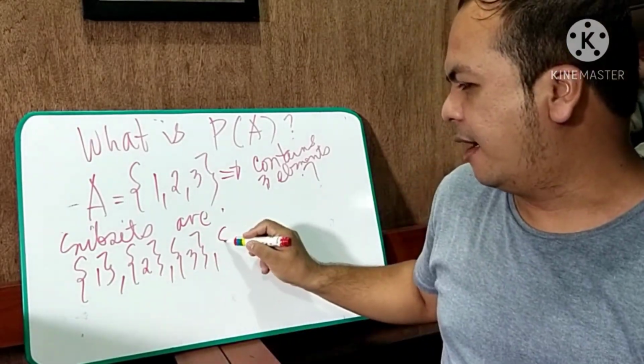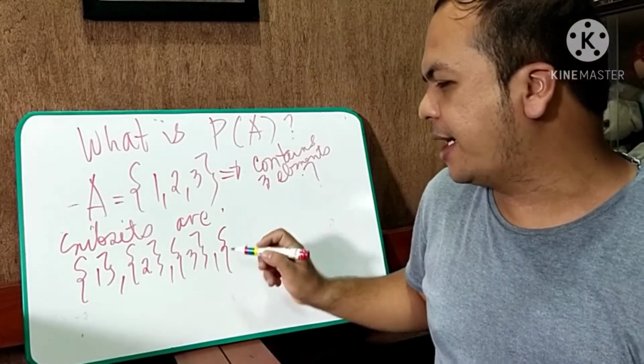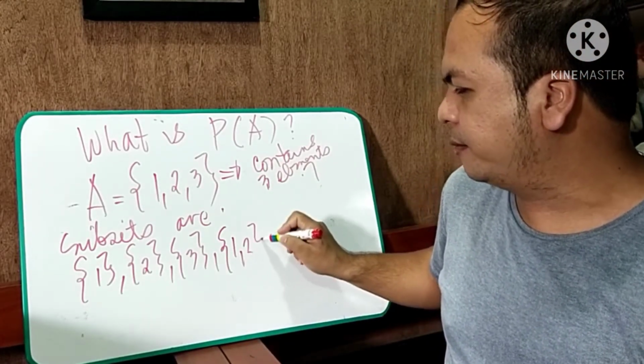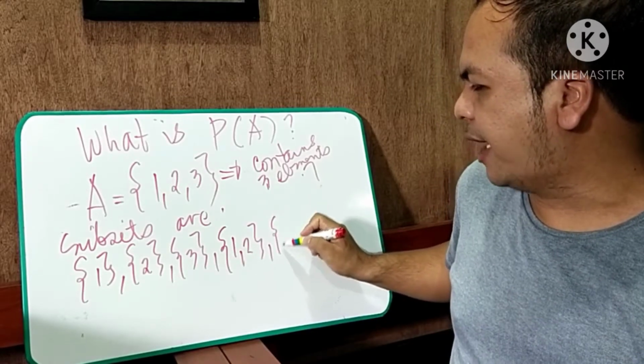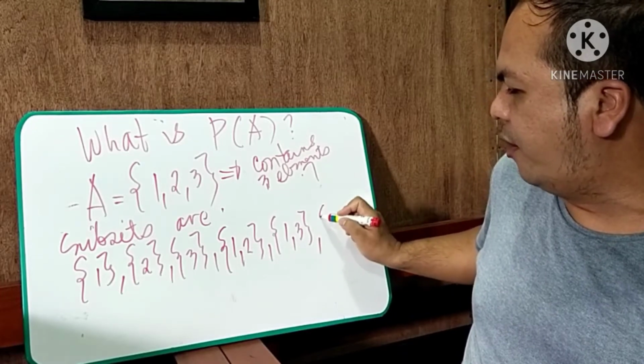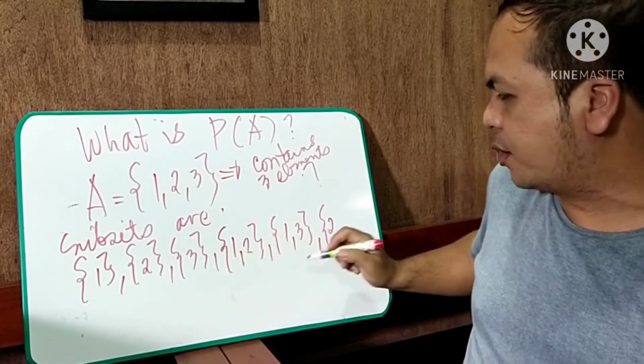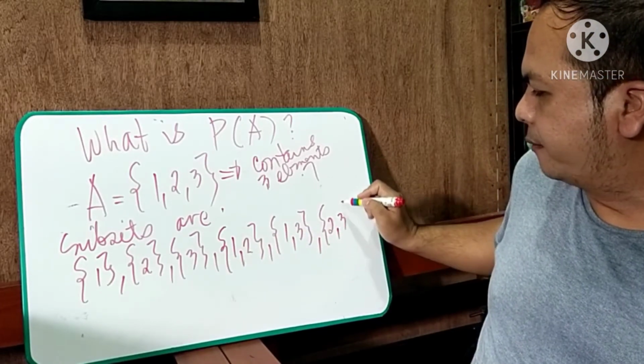So we have the set containing 1, 2, then we have 1, 3 also. Then we also have 2, 1, which is the same as 1, 2. So we have 2, 3.